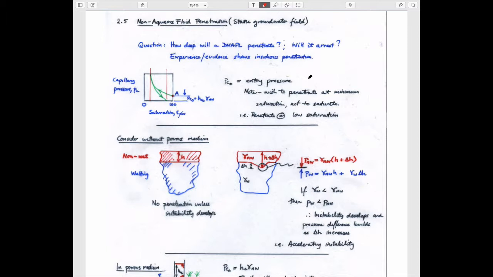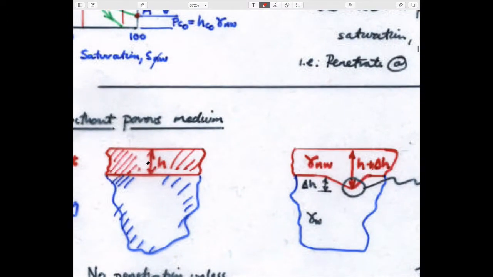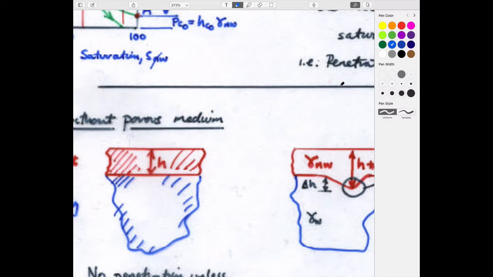And the reason is that if you calculate the pressure that exists in this little box here, it's just going to be equal to the height and the pressure in the top fluid, which will be the non-wetting fluid, oil, is equal to H multiplied by the unit weight of the non-wetting fluid.